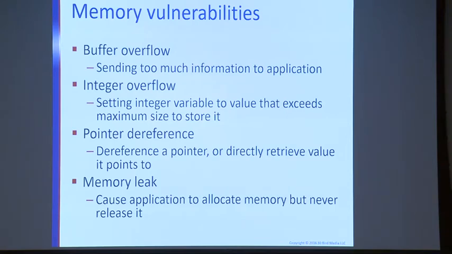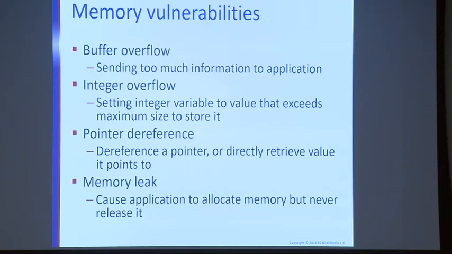The integer overflow is setting the integer value to a value that exceeds the maximum size to store it. So it may be that the maximum size is going to be 666. You can't put in any combination of numbers that will get you higher than that. So you start off by putting in 999. It should pop up and say, I'm sorry, you can't do that. That's an integer overflow.